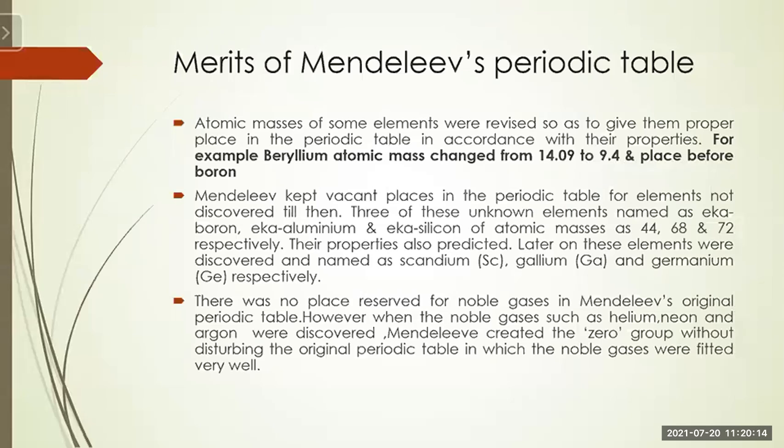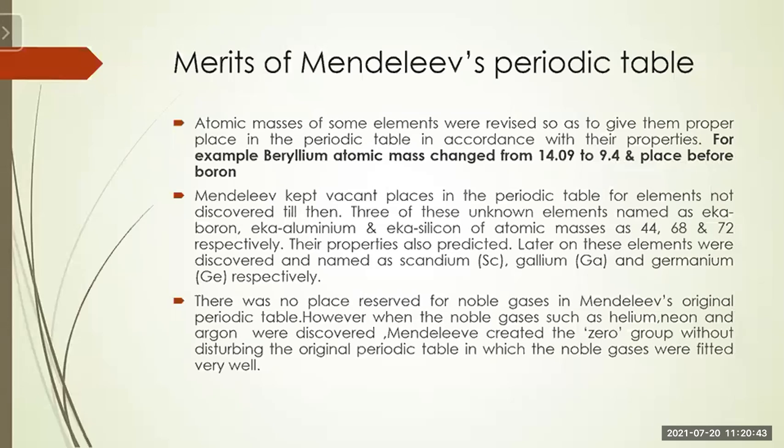And he also predicted their properties. Now, if we consider one of the elements, Eka aluminum, its atomic mass is 68 according to Mendeleev, and its actual atomic mass is 69.7. Then he predicted the density as 5.9, and the actual density is given.